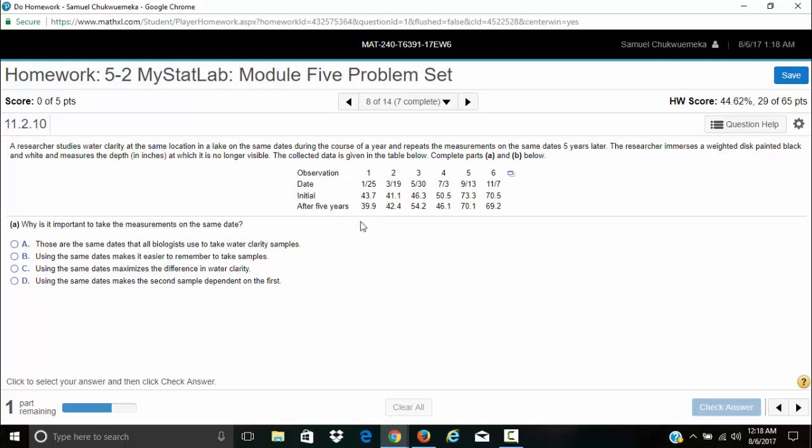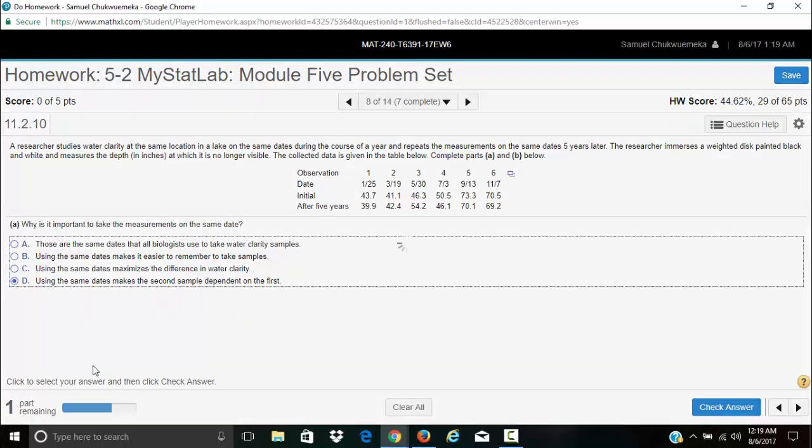But if you wait till 5 years before you repeat the measurement, that's what he did here. After 5 years, he repeated the measurement. But if you take it on the same date, that means it's like having your second sample depend on the first. You first take the first sample, then you measure the water clarity again to get the second sample. So using the same dates actually makes the second sample dependent on the first. Okay.